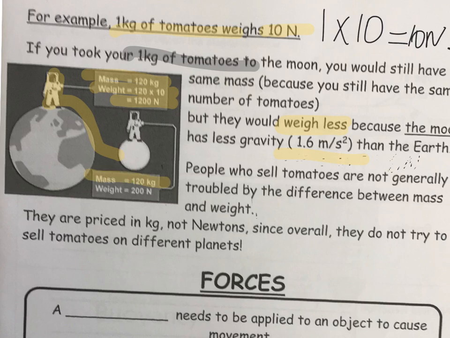He hasn't lost any particles on his journey up to the moon, but his weight is different. If we multiply 120 kilograms, his mass, times 1.6, which is the gravity on the moon, you will get 200 newtons of his weight. So that's why people appear to be floating on the moon compared to that on the Earth, because the gravity is much less.